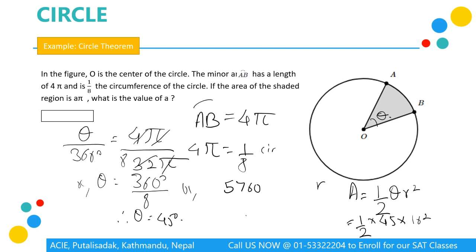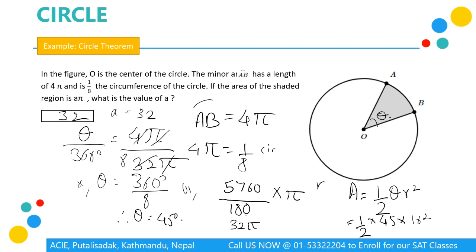But we need the value with a pi, so we have to take out the pi value: 180 degrees into pi. So dividing by 180 degrees, we get 32 pi. Therefore, the value of A is equal to 32.